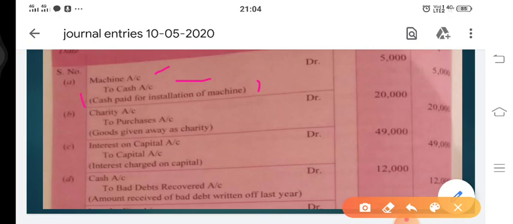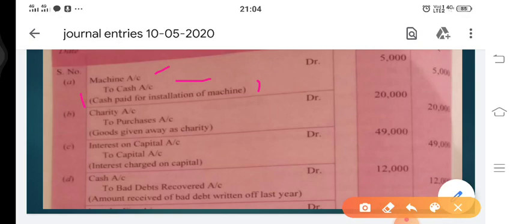After every journal we have to write a narration. Generally, narration starts with the word being, that is, being cash paid for installation of machine. But it is also correct if you just write cash paid for installation of machine.